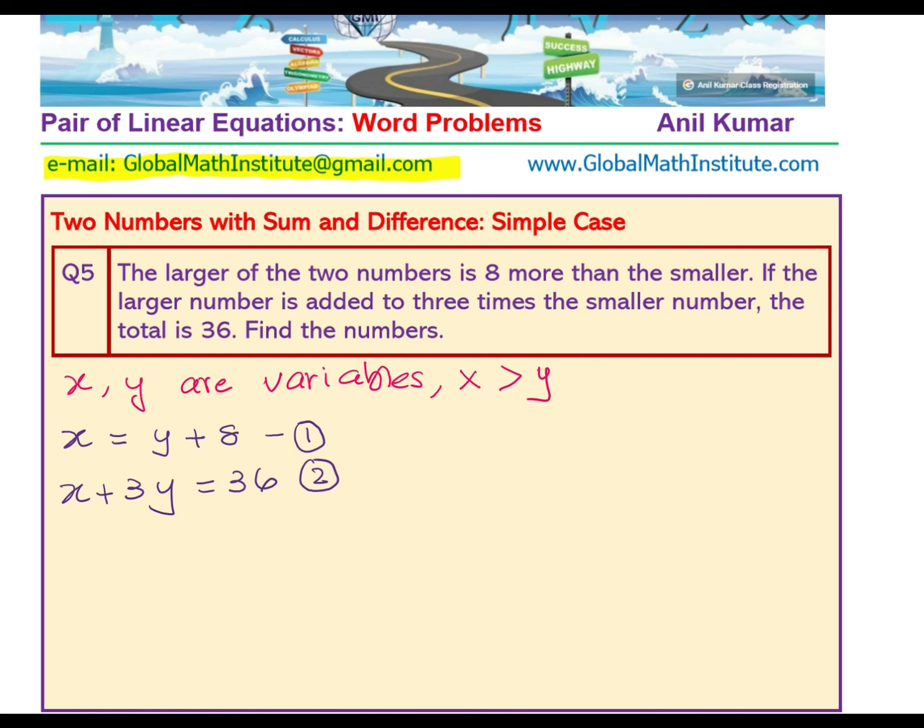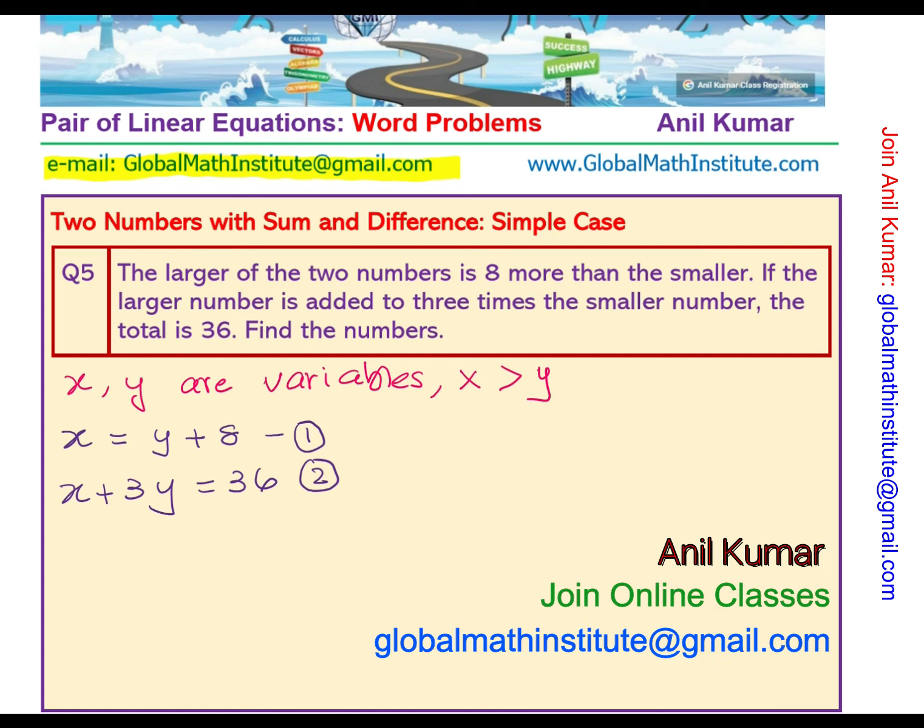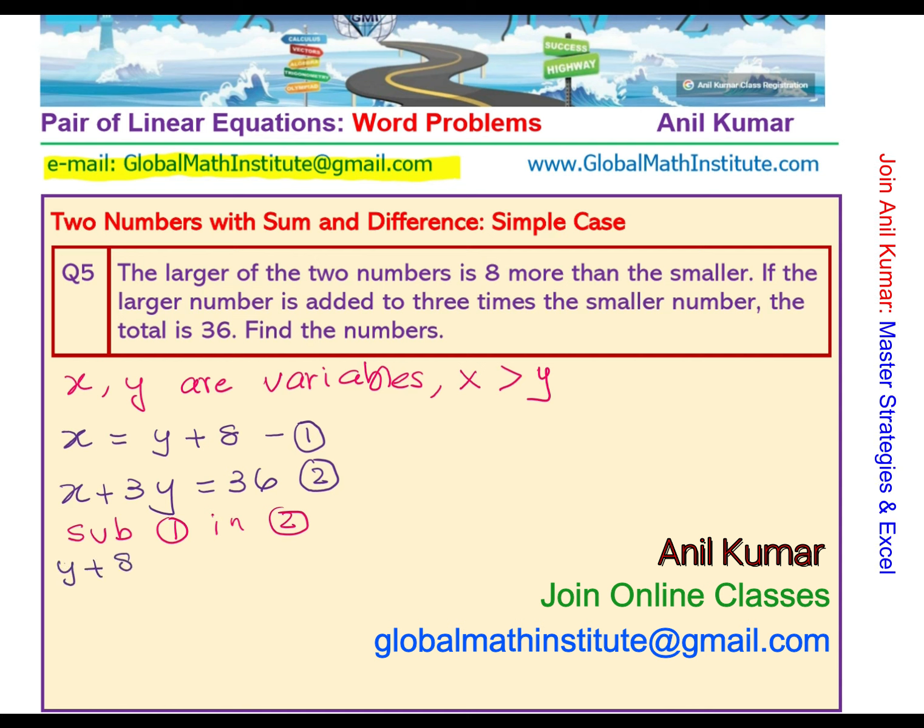Now, let us see how we solve it further. Now, x is y plus 8, x plus 3y is 36. So we can substitute the value of x from 1 in 2, right? So we'll say sub 1 in 2. If you do that, x is y plus 8, we get y plus 8 plus 3y equals 36.